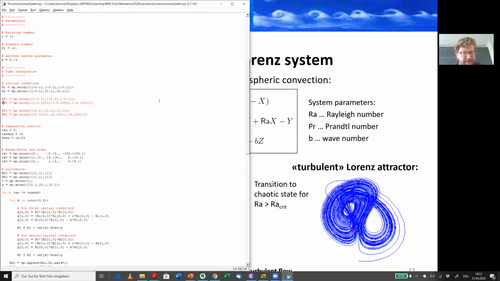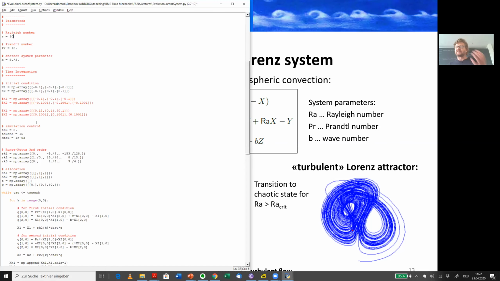Yeah, here it is. I'm not sure if it's large enough so you can see it, but on the left, the two lines that are highlighted, this is where I can set the Rayleigh number, just as I could set a Reynolds number. The Rayleigh number is currently set to 10.